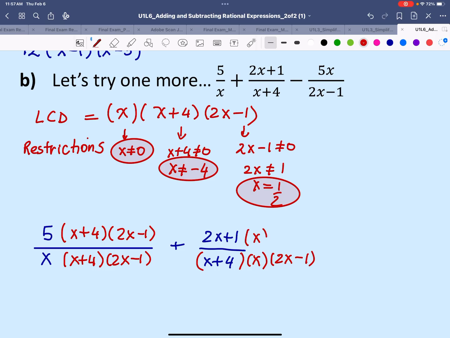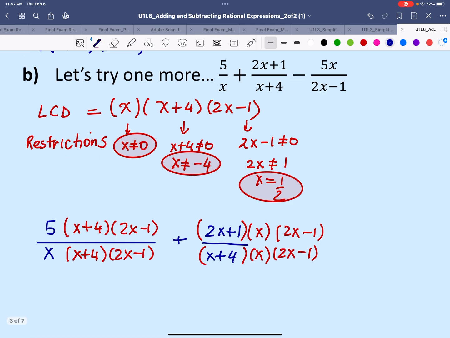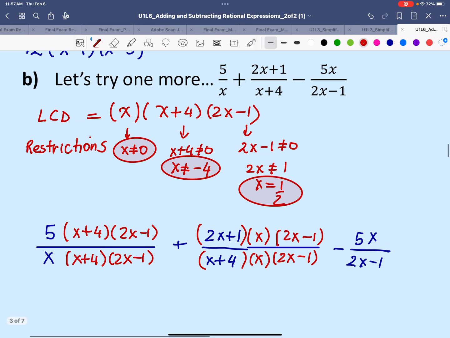So we're going to give the numerator the same factors. And we'll remember to put brackets around the binomial numerator. That's important. And lastly, we have negative 5x divided by 2x minus 1. So here we're going to need the factors of x and x plus 4. So the numerator gets the same factors too, understandably, right?